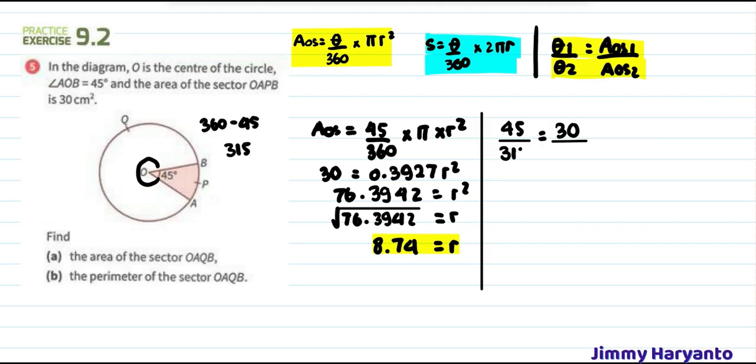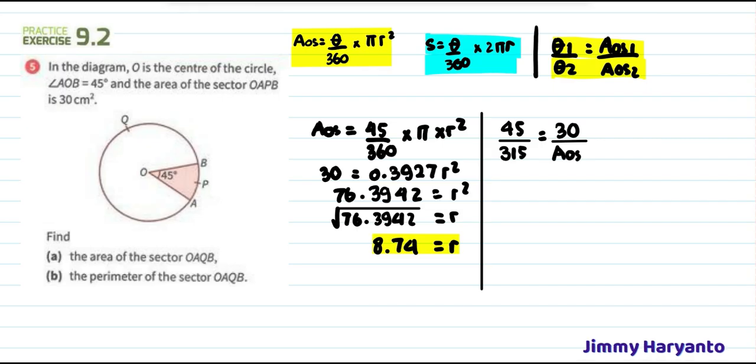So 315 is right here, and then the area of sector is unknown. You only have to do cross multiplication.